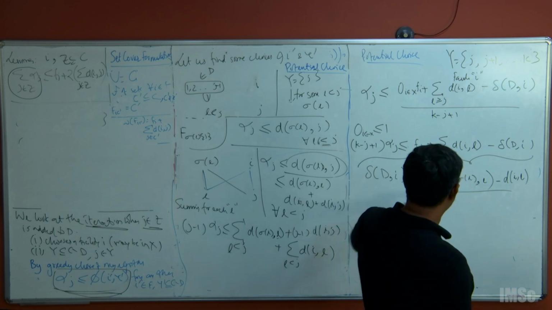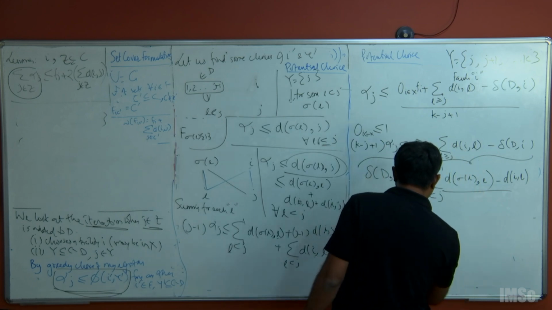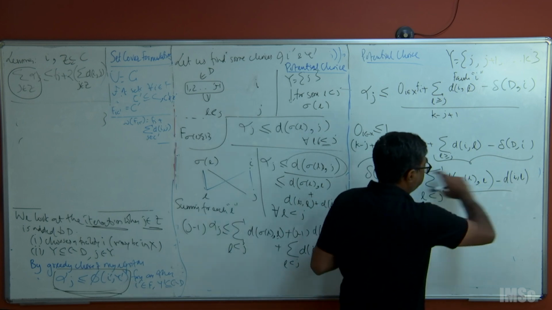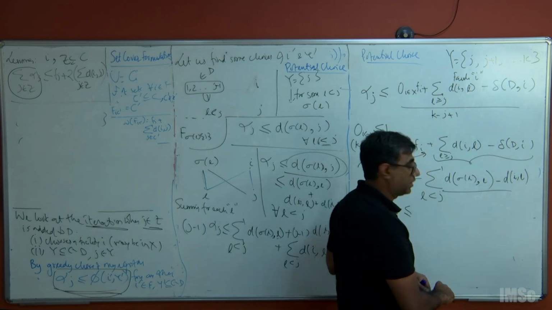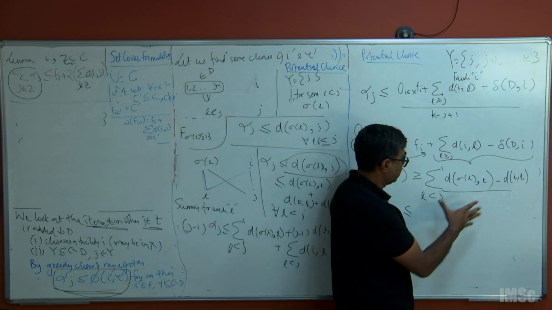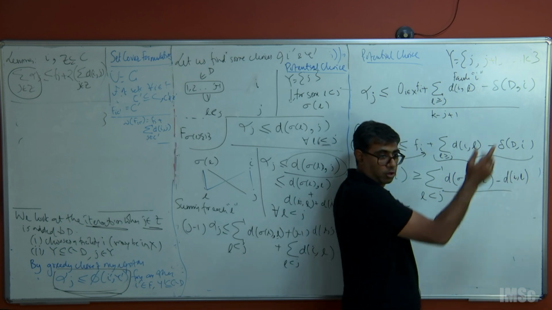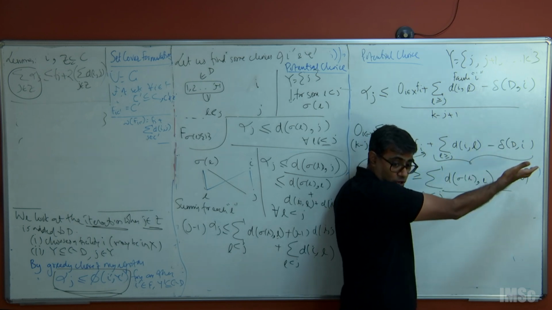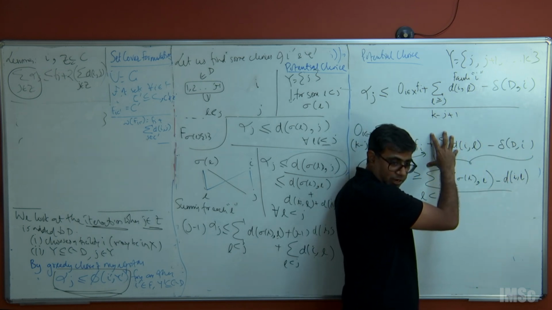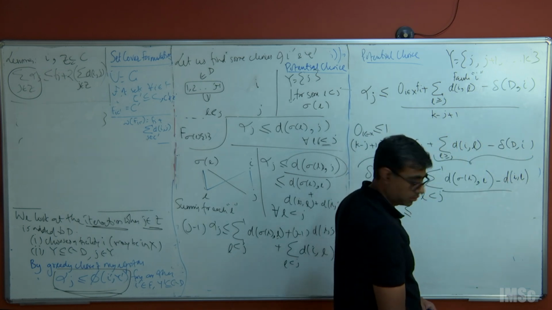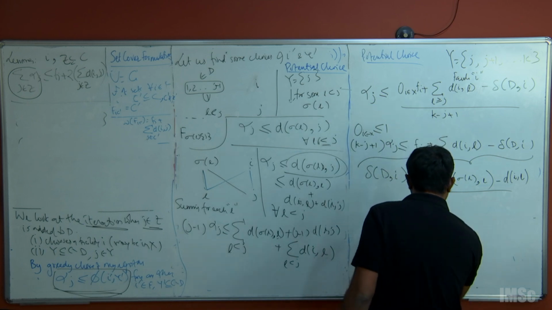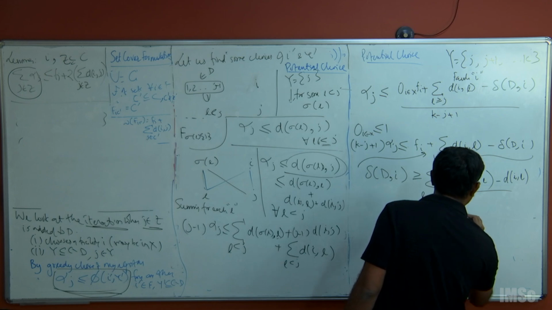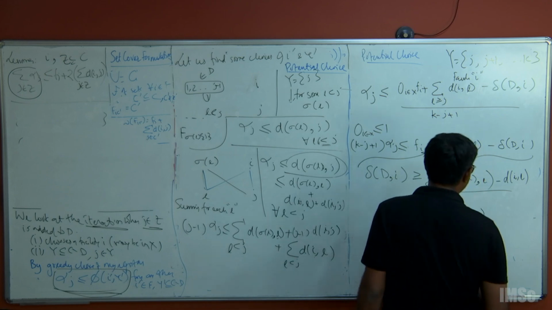So what I can say is this is less than or equal to, if I put this here, because this can only be more, it cannot be smaller. If you subtract something more, this quantity is only smaller. So then I can write this as f_i plus summation over l less than j, and so on.